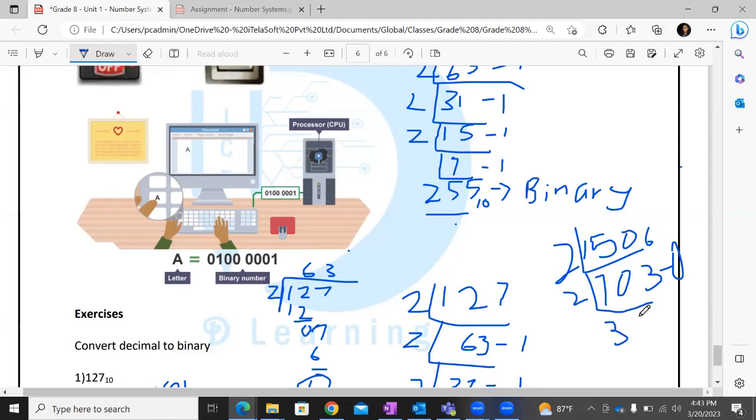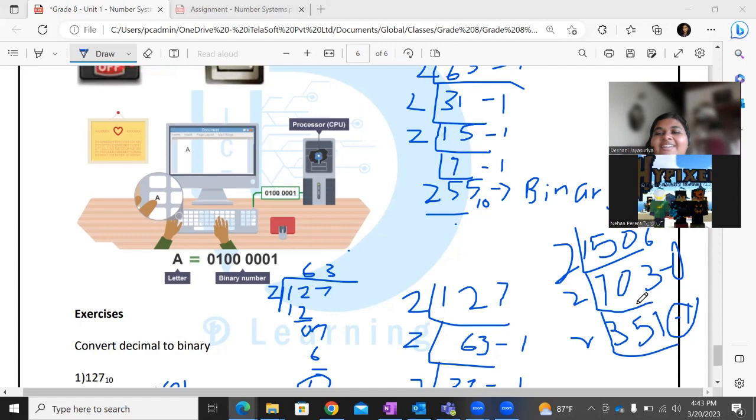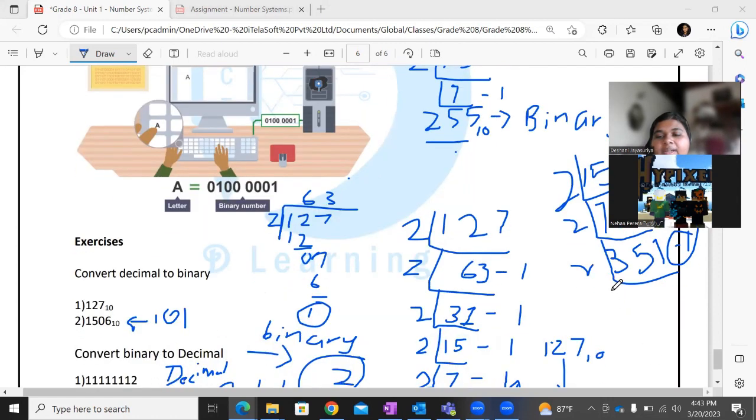It's remaining, but it is 5. Okay, so I just got this value 351.